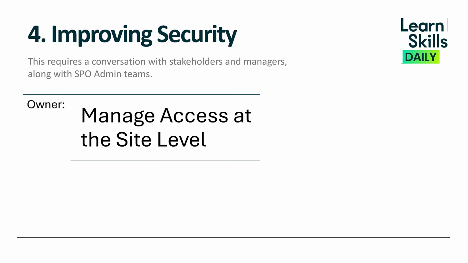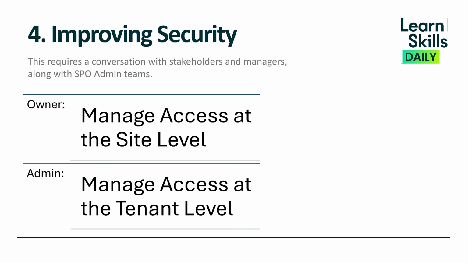You use the resources that are available, you add your individual members, or you add a 365 group there as well. And then if you need to go beyond that, your admin can manage access at the tenant level. So we have another umbrella, if you will, in terms of how content can be accessed.